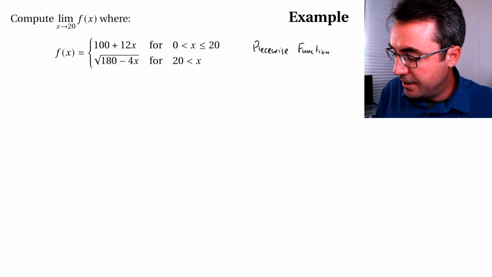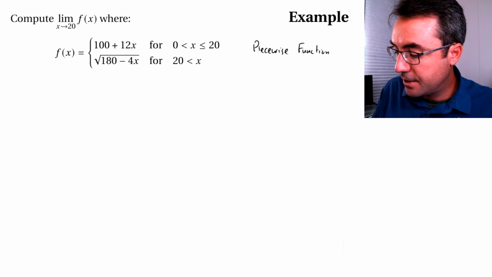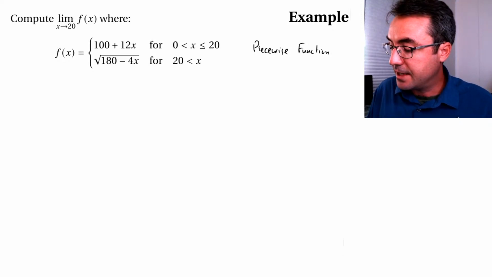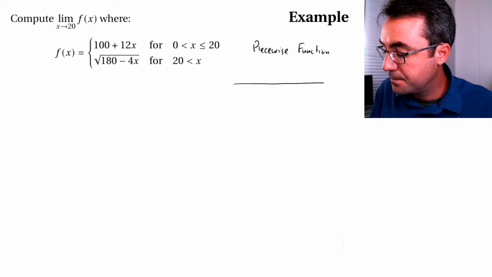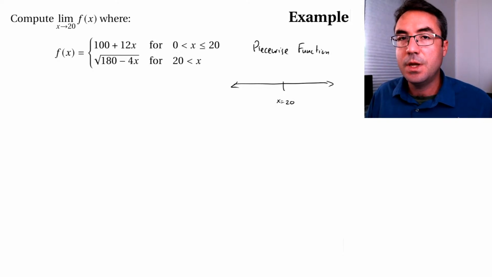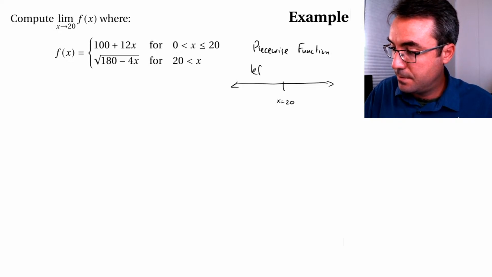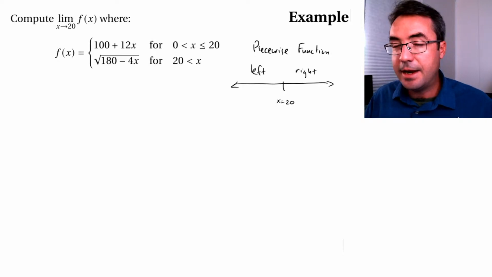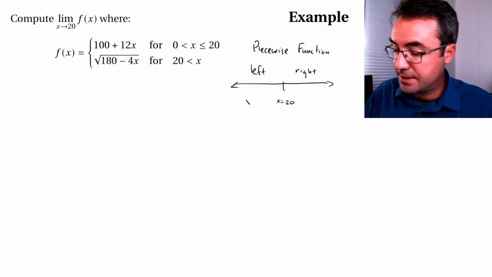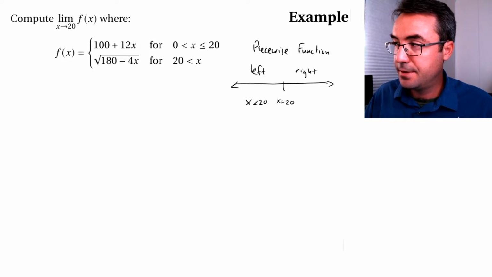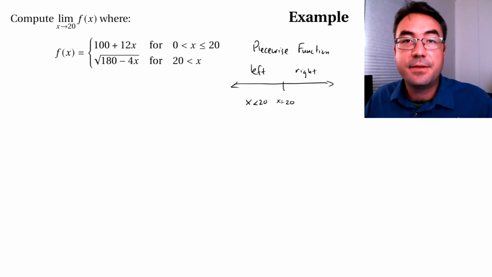So let's first consider our number line, our x-axis. And we're interested in what's happening around x equals 20. So there's a left side and a right side. On the left side, that's where x is less than 20. And on the right side, that's where x is greater than 20.